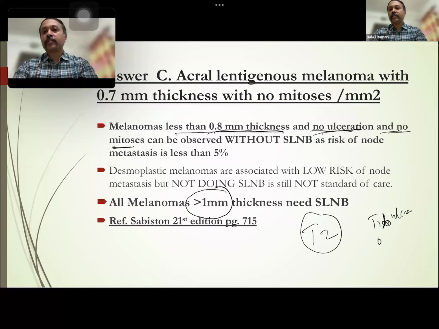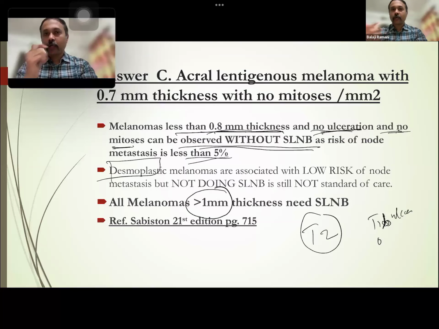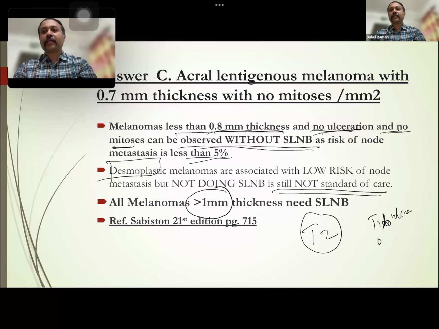These can be observed without an SLNB, because the risk of node metastasis is less than 5%. As already mentioned, for desmoplastic melanoma some people prefer not doing it because the risk of metastasis is again very low, but still it is not the standard of care. So currently the only melanomas where SLNB is not indicated are those up to 0.7 millimeters with no ulcer and no mitosis. Any mitosis clearly makes it eligible for an SLNB.